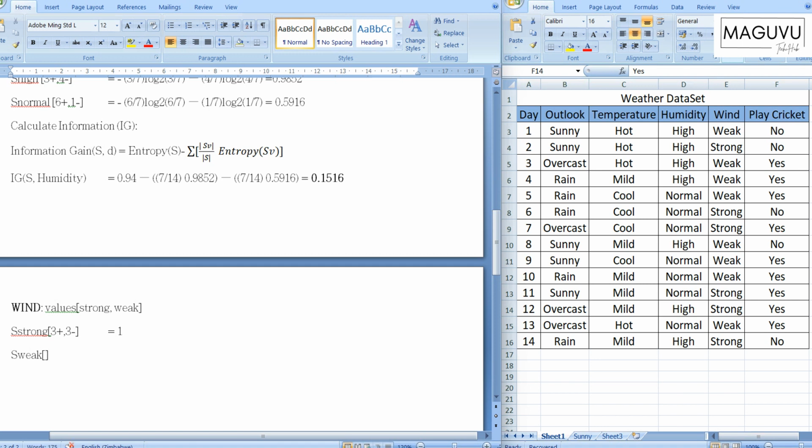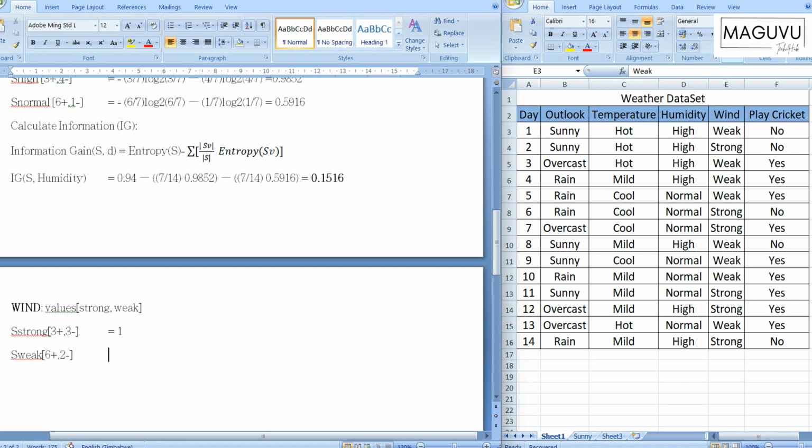and when we look at the number of days where we have weak, we see that we have a total of 8. 1, 2, 3, 4, 5, 6, 7, and 8. We've got a total of 8, and out of those 8 we now look at the outcome of playing cricket. We get 6 days in which cricket was played, and this gives us a remainder of 2 days in which cricket was not played.